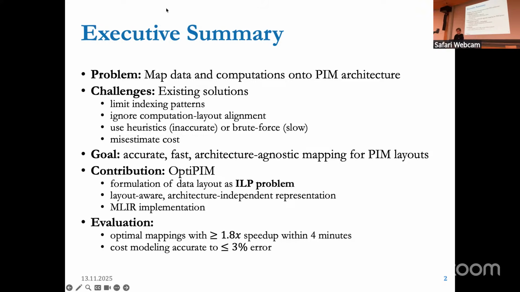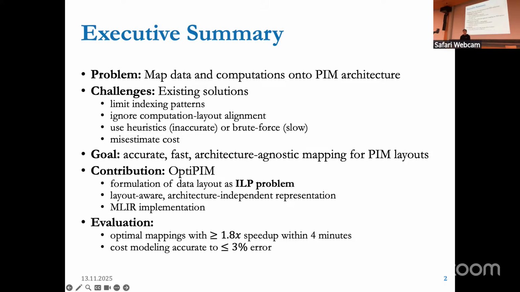The authors propose OptiPIM, which uses ILP, so integer linear programming, to formulate the data layout and also map the cost. It uses a data layout aware and architecture independent representation of the computations and the data, and they implement OptiPIM in MLIR.